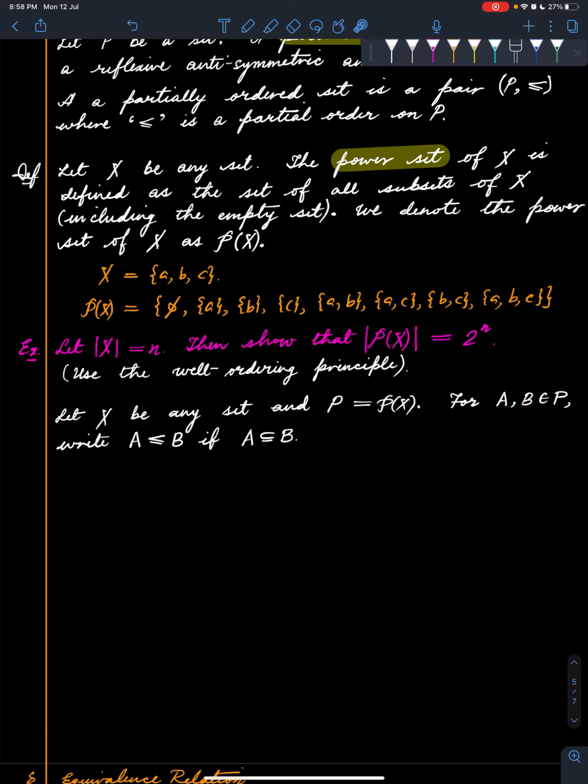So we can talk about whether or not one is contained in the other. And basically what this says is that this pair is in the relation that we are defining if the first guy is contained in the other guy. So clearly this is reflexive because A is always contained in A. So we check that.